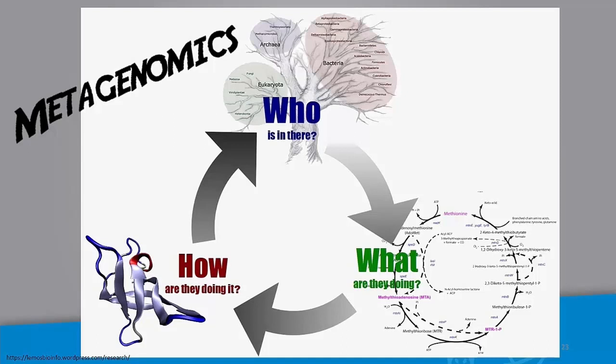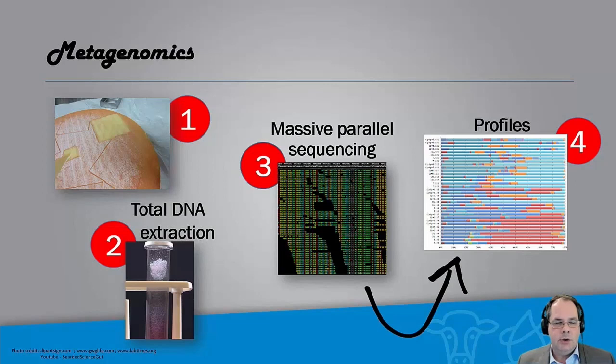In terms of metabolic pathways, we can determine what the metabolic pathways are as they're present, and then see what products from this metabolism can contribute to cheese ripening. And metagenomics also allows us to answer the question of how these microorganisms can contribute to ripening.